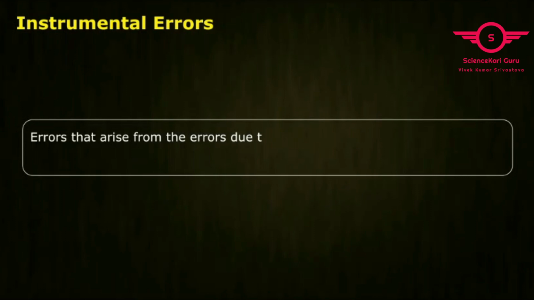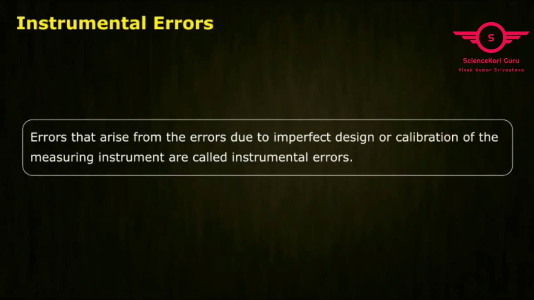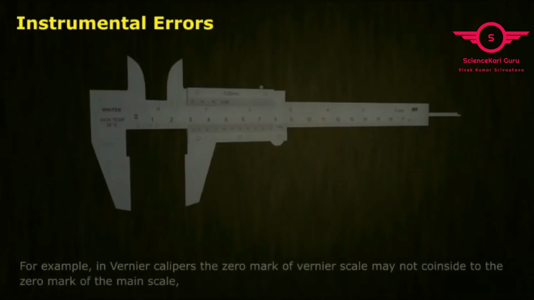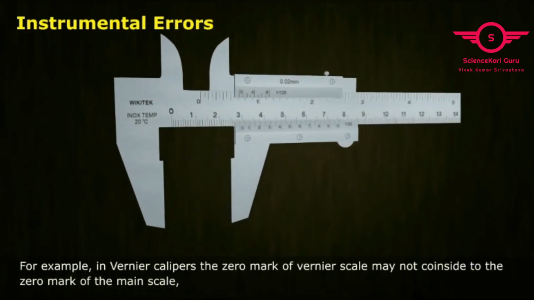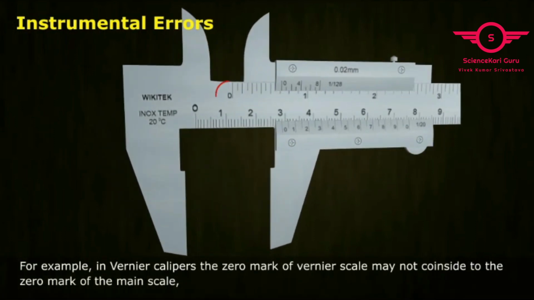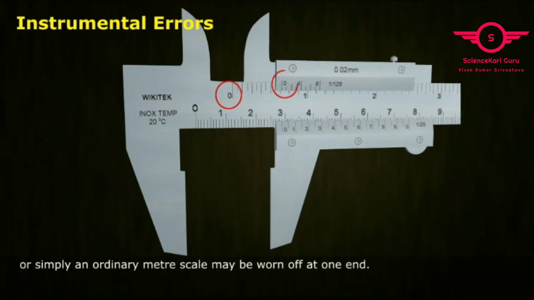Errors that arise from imperfect design or calibration of the measuring instrument are called instrumental errors. For example, in a vernier calipers, the zero mark of the vernier scale may not coincide with the zero mark of the main scale, or simply an ordinary meter scale may be worn off at one end.